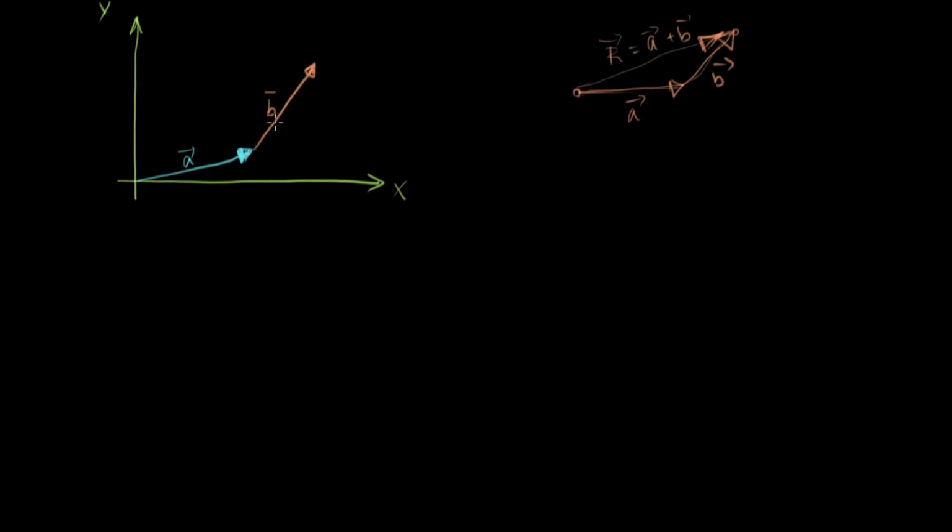So we have our A, we have our B. The only thing remaining to do is now to join the origin to the head of B. Let me try to do that using a line, and there you have it. This is the final vector of A plus B.